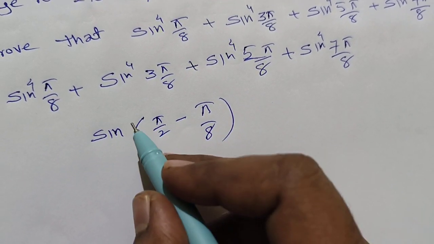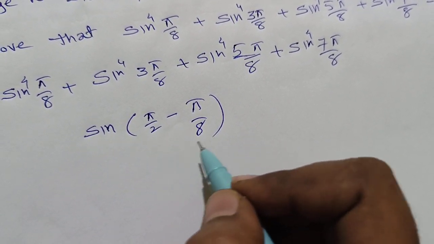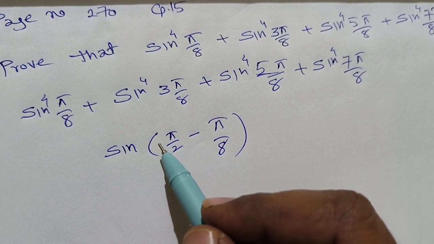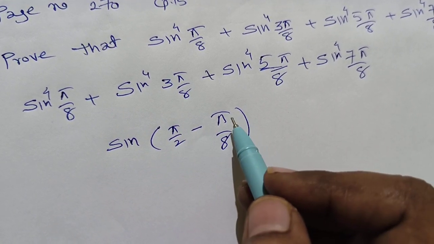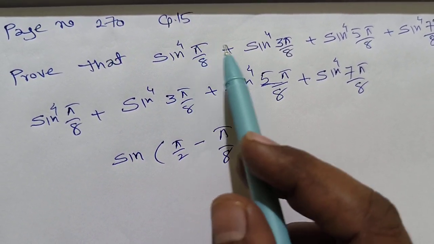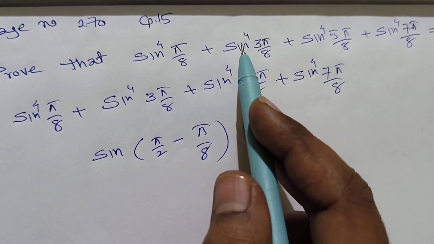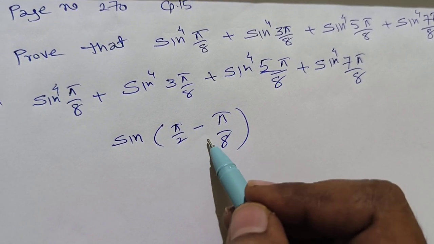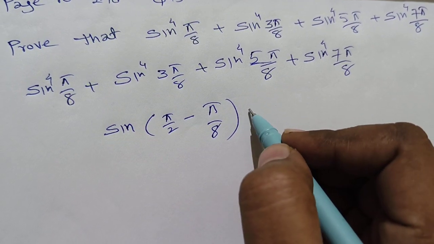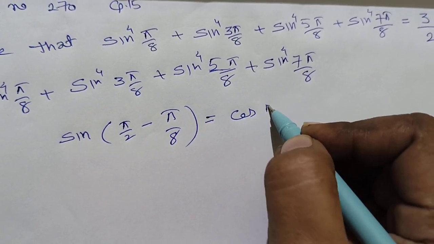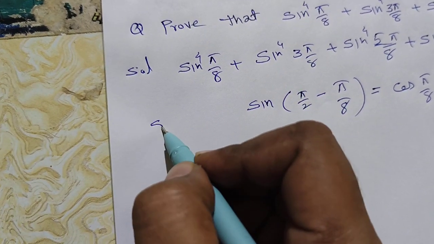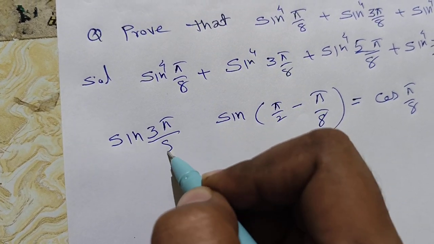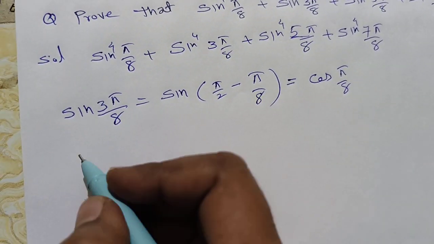When we take the LCM, the denominator is 8, so this becomes 4π minus π, which is 3π. So sin(3π/8) can be written as sin(π/2 − π/8), and this value is cos(π/8). Here I am writing sin(3π/8); its value is this.